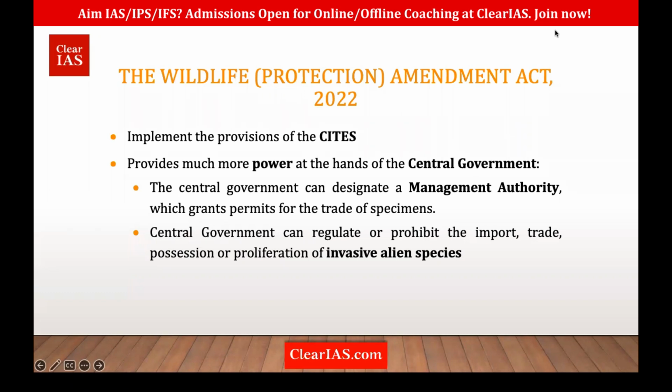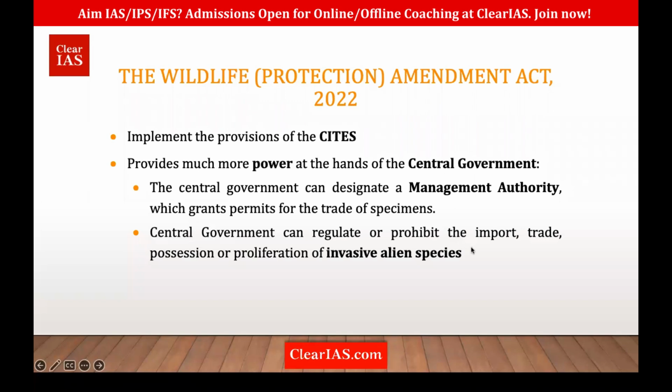What happens when it comes there? They actually destroy the native species, and it grows like anything. Such species which destroy when they come to a particular place are called invasive alien species, and their trade is prohibited and regulated by the central government.